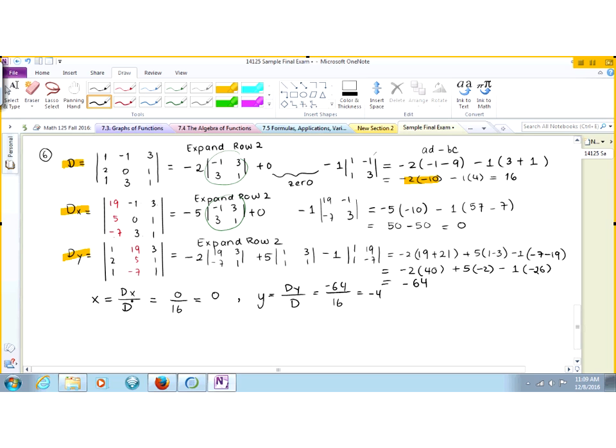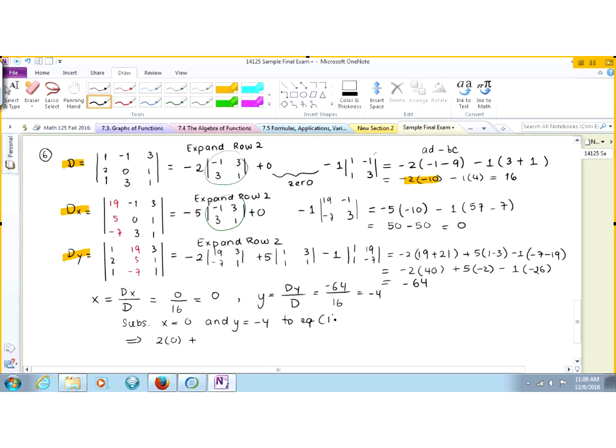How about z? Just do substitution. Substitute x equals 0 and y equals negative 4 to equation 2. So what would that be? 2 times 0 plus, oh, I cannot, right?